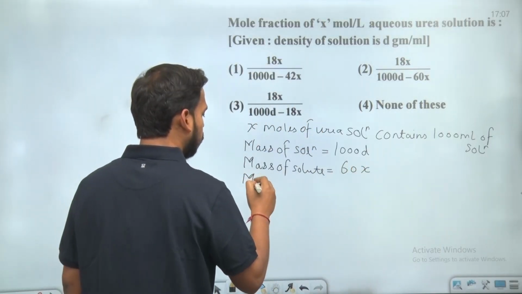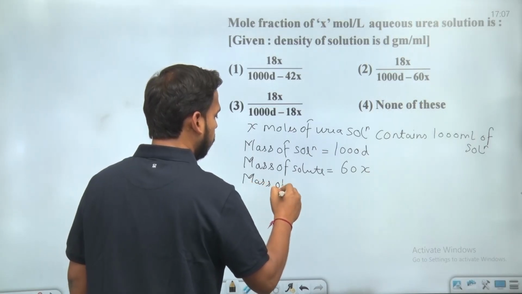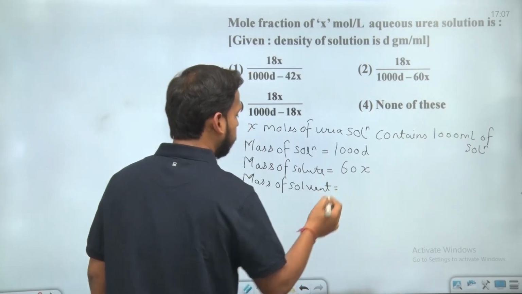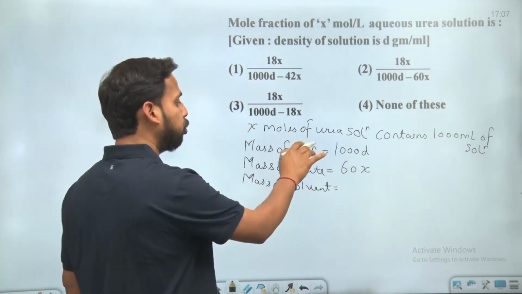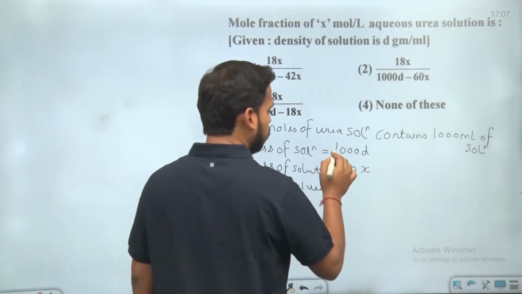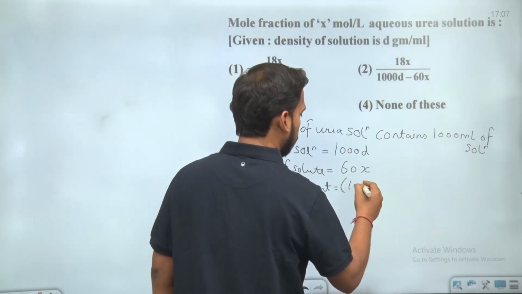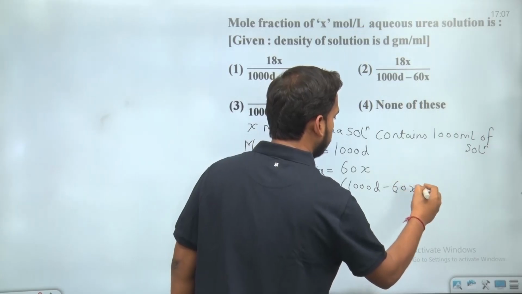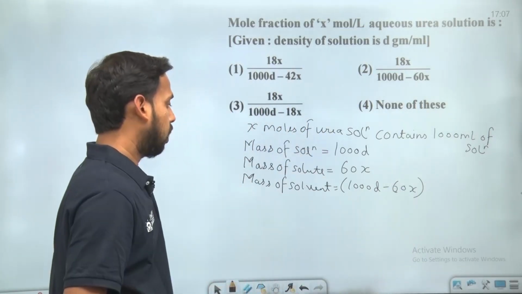Similarly, the mass of solvent will be equal to mass of solution minus mass of solute. So it will be 1000 D minus 60x.